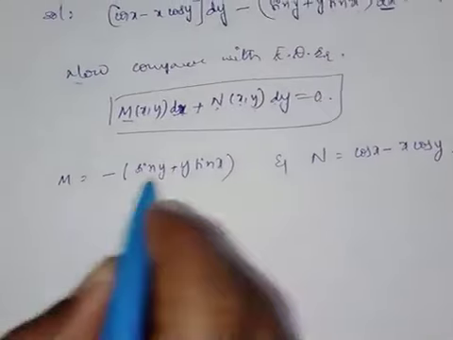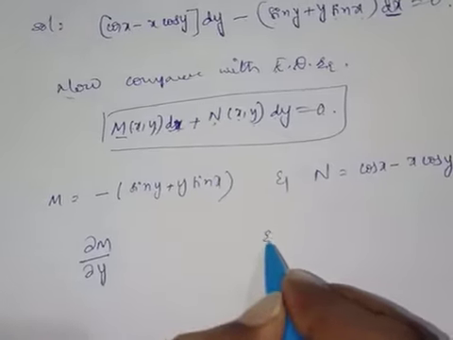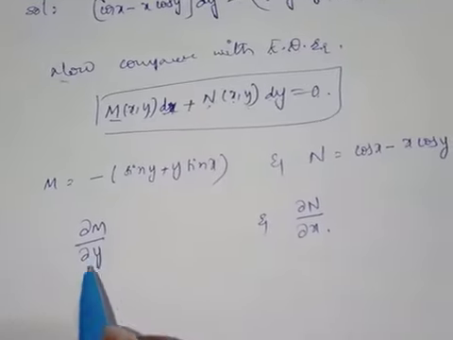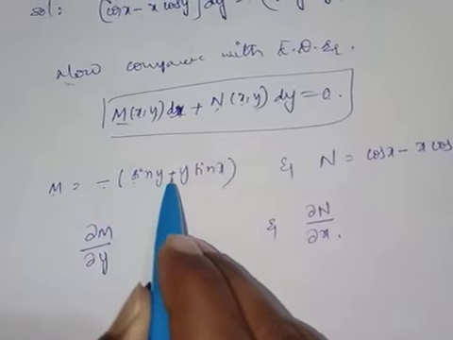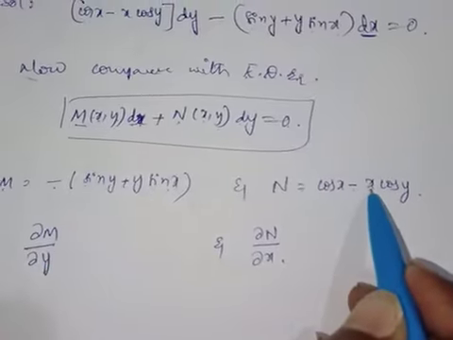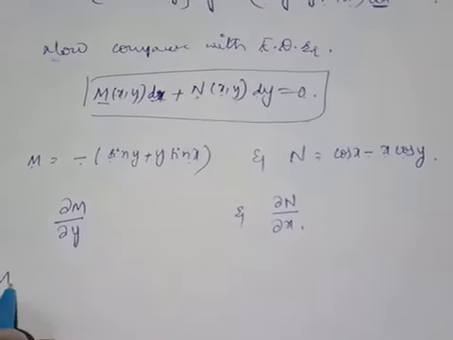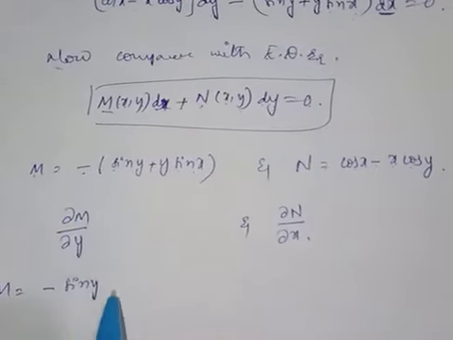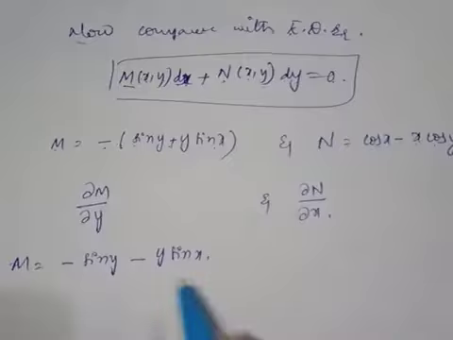See here, from these two we need to find ∂M/∂y and ∂N/∂x. So here M is equal to −(sin y + y sin x), and N is equal to cos x − x cos y. So M is equal to −sin y − y sin x.